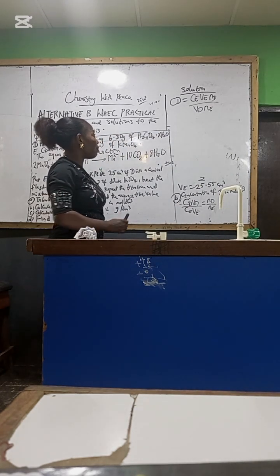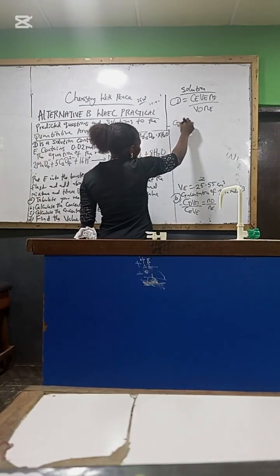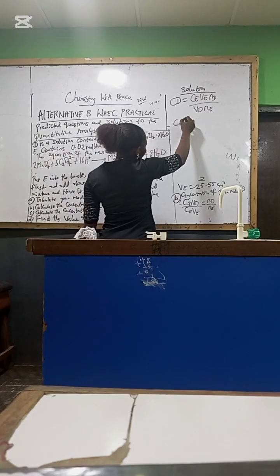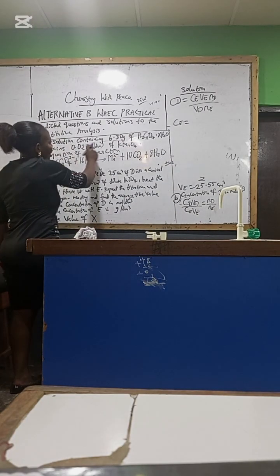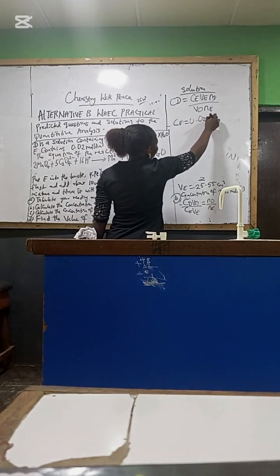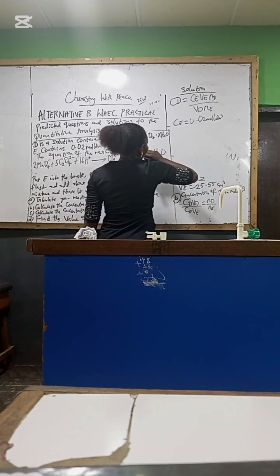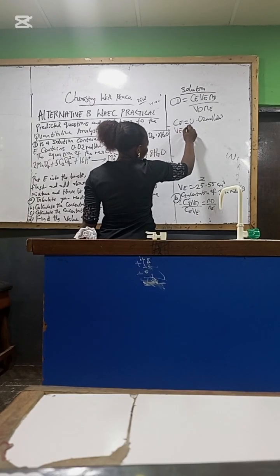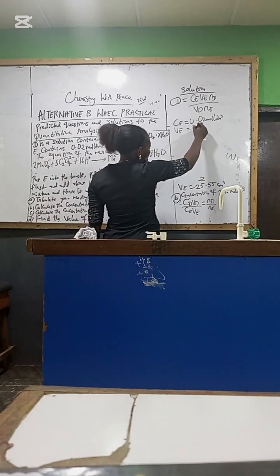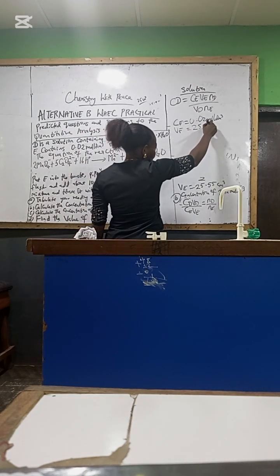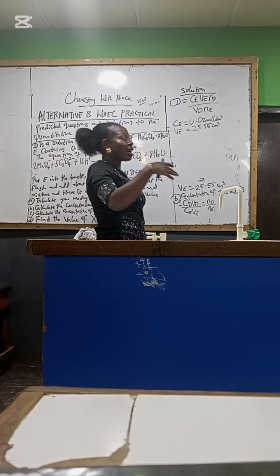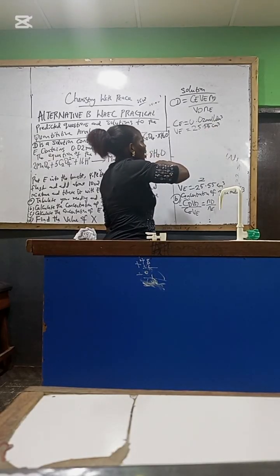Then we are going to substitute the value. Our CD is what we are looking for. Our CE, from the question, is given to us as 0.02 mole per dm cube. Our VE is what we got from the average titre value, which is 25.55 centimeter cube.